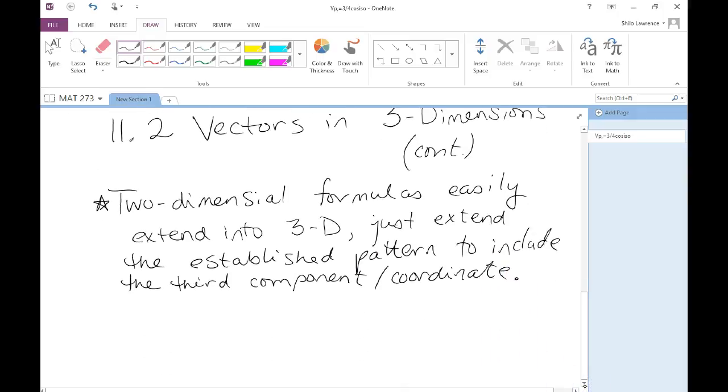So you should all have a list of formulas for 3-dimensional stuff. And I'm just going to have you do some examples.